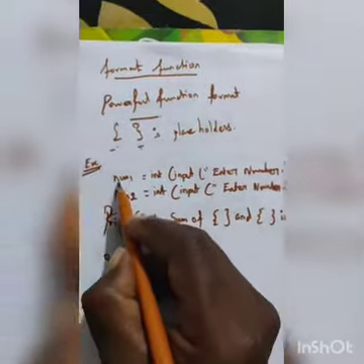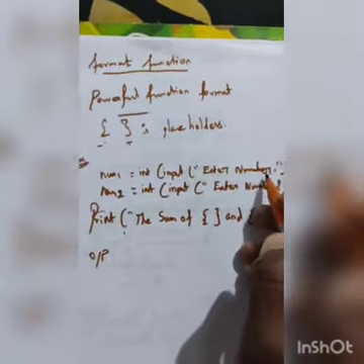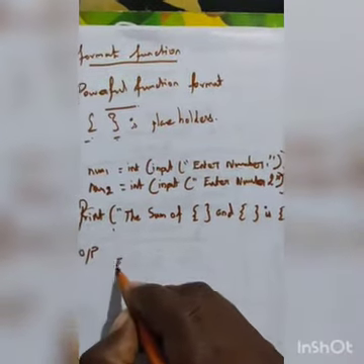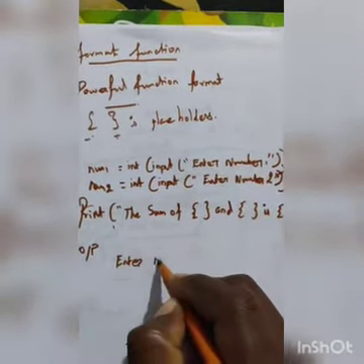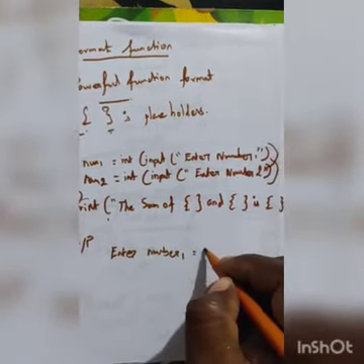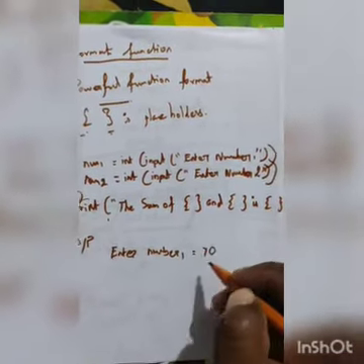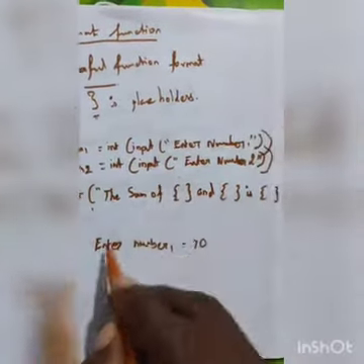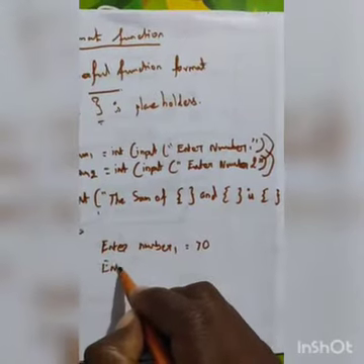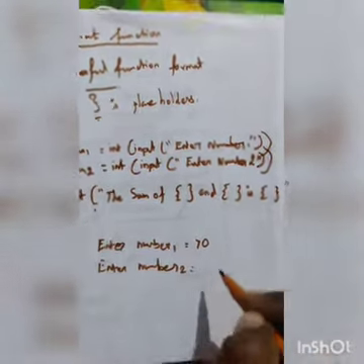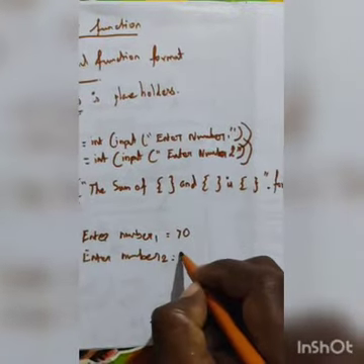See here, the first statement asks you to enter the first number. Enter number 1, for example 70. Next, the computer asks for input: enter number 2, for example 50.